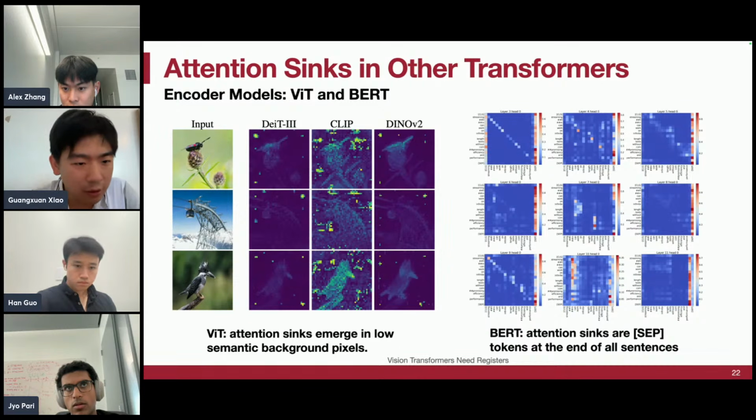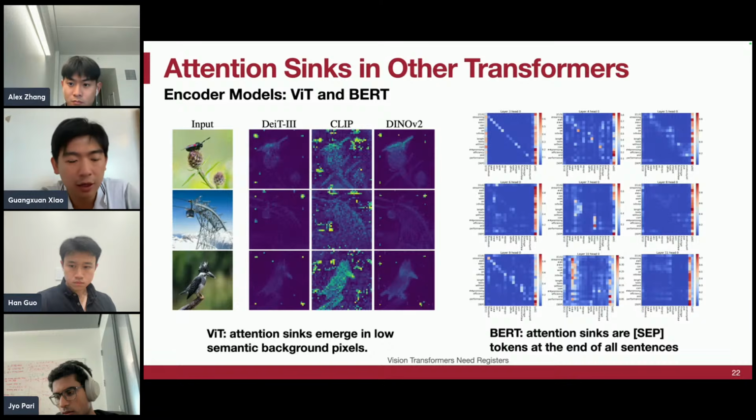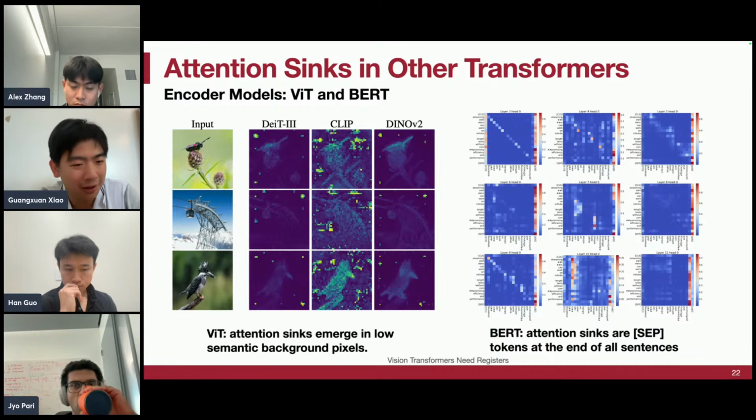But we still find that in some low semantic background patches, these models have very large attention spikes and high norm tokens. So it's like attention sinks happening in these low semantic background pixels, because they commonly emerge, and the model needs some way to dump the attention into some tokens.